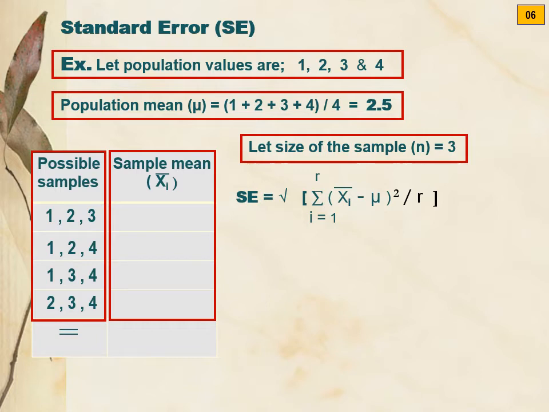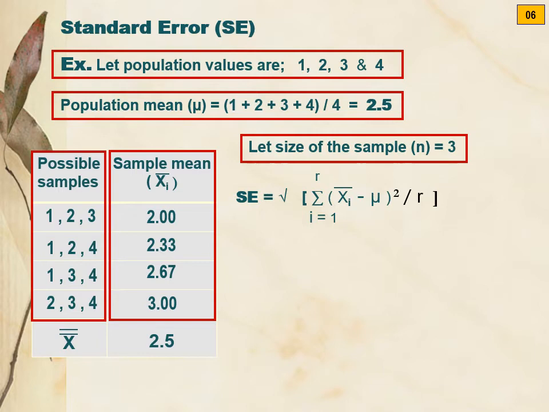Get the mean as we did before. Its mean will be 2. It will be 2.33 and 2.67, 3.00. And you know that if you get the mean of the means, it will be equal to the parameter value, the population mean. It is a property of the mean.